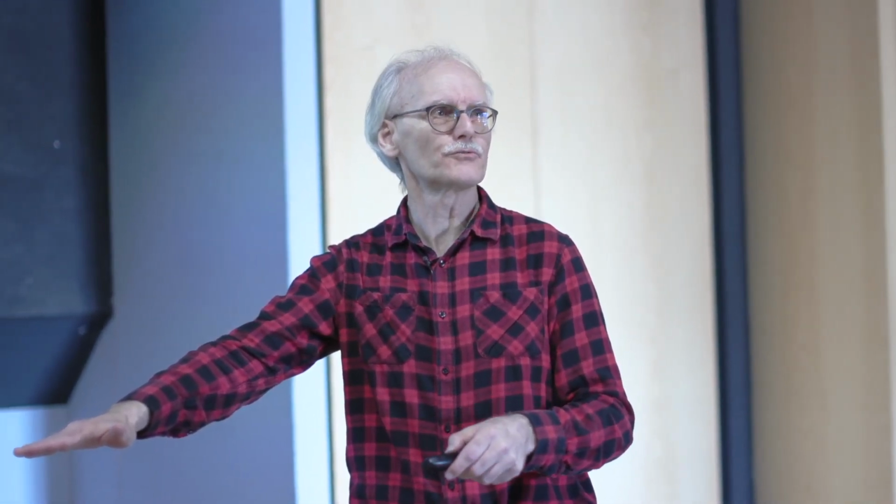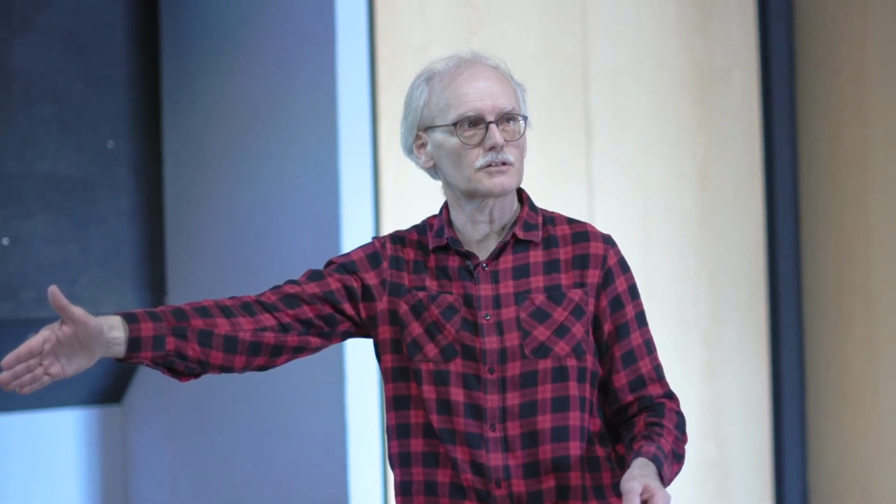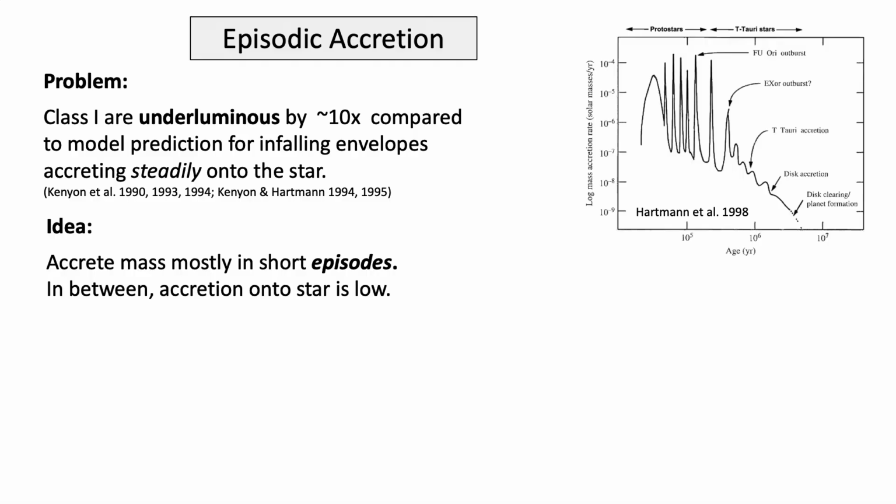And that's mostly when we observe stars, because most of the time they are not heavily accreting. But they do get the mass, only in episodes. And then of course it's fewer and fewer until the T-Tauri star is formed, and then we don't have much of this anymore at some point.